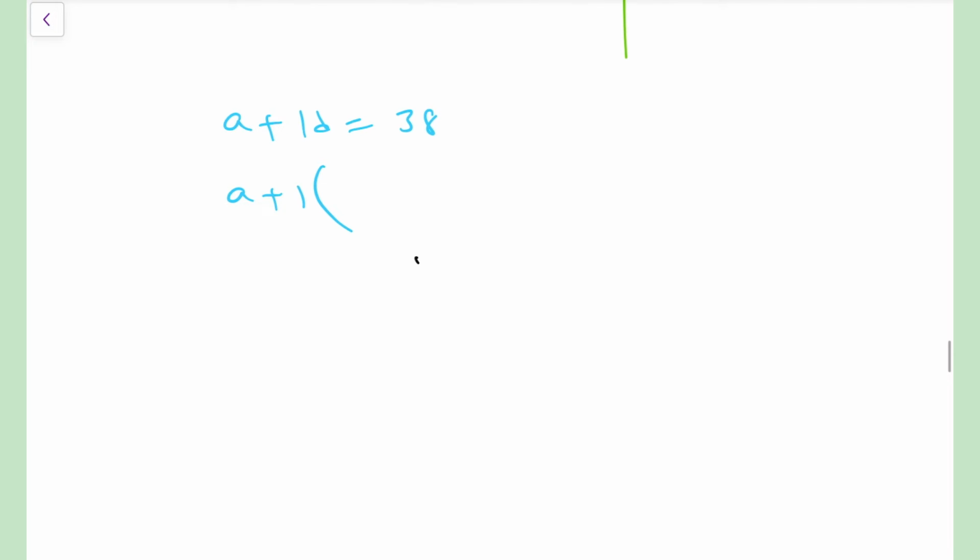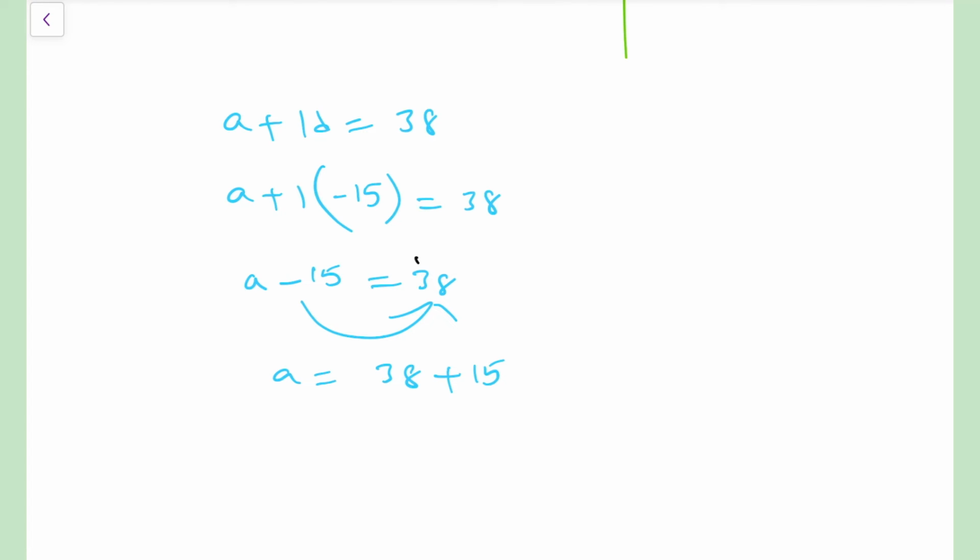So substitute that d value here, minus 15, then equals 38. a plus minus 1 into 15, that is 15, equals 38. Take minus 15 to the other side, so a equals 38 minus 15 will become plus 15, then that equals 53. a or a1 is 53. So a value is 53.